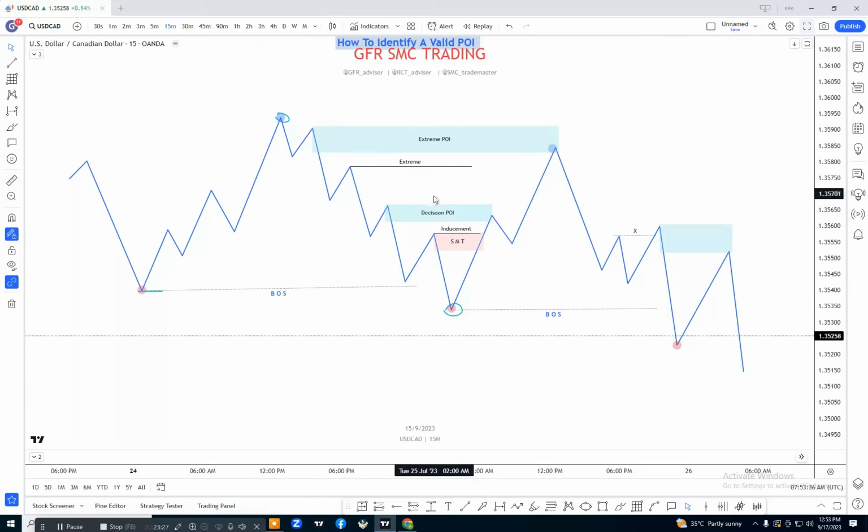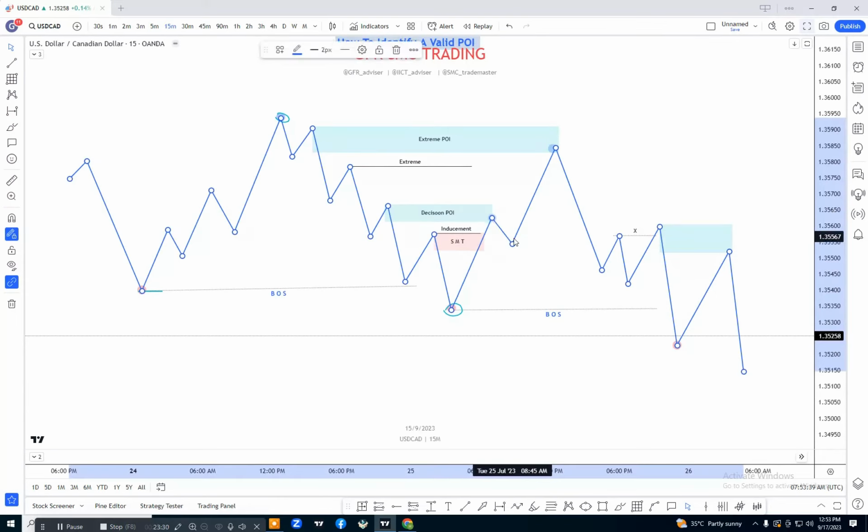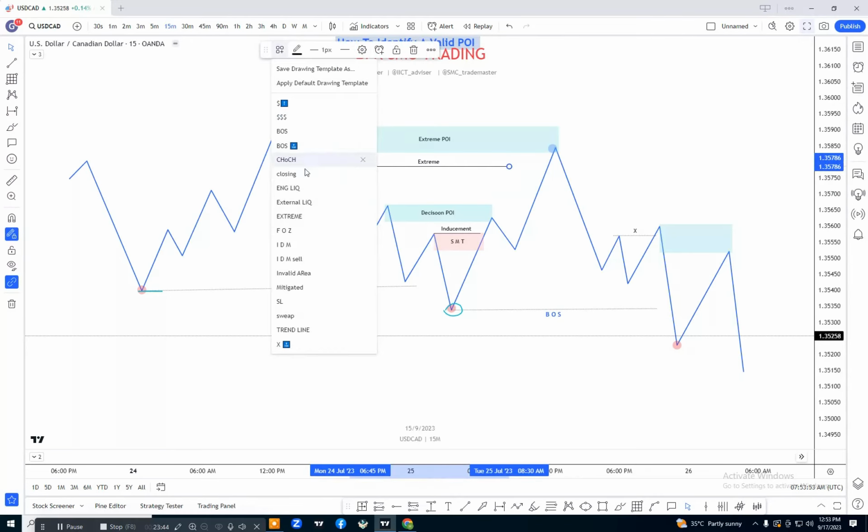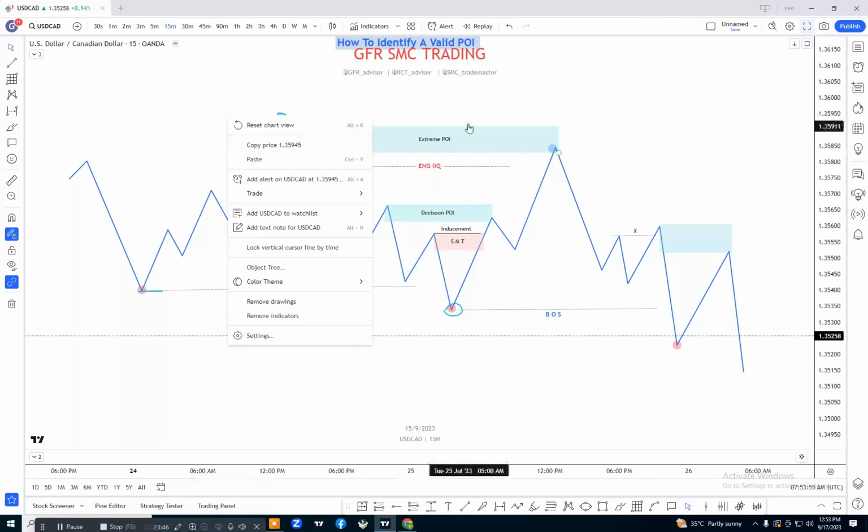Now if it works, then well good. If you are taken out from this area, then we have another extreme POI. If we look under the extreme POI, there is some extreme liquidity as well. You can see this is our EQL liquidity, or extreme liquidity we can say.